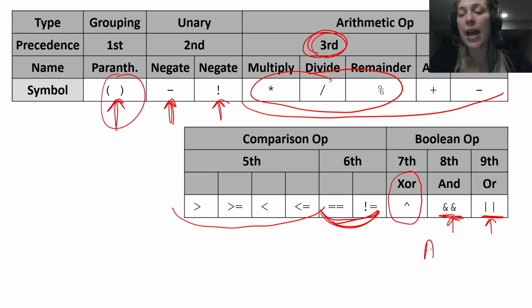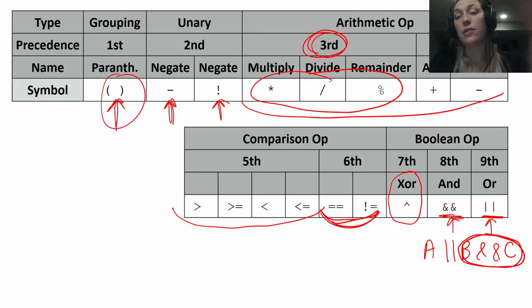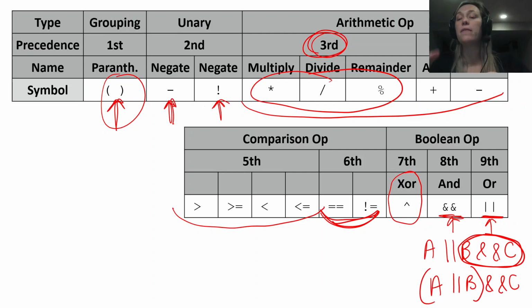So if you had A or B and C, let's say for instance, the AND gets evaluated first. Okay, so that's very important, unless there's parentheses. If there are parentheses around the OR, then of course you would evaluate the OR first. Okay, so be careful of that.